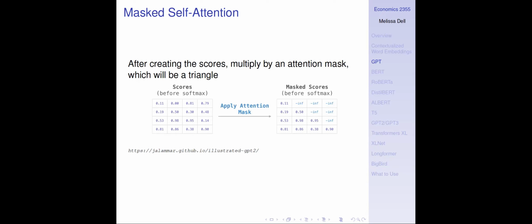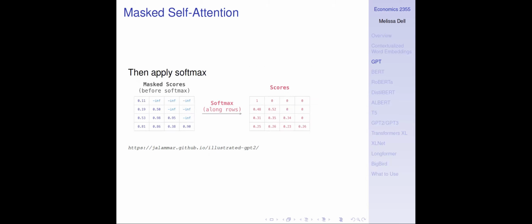So half of this matrix is going to be zeros, and you're only paying attention to the part below the diagonal of the matrix, which is the parts that you've already seen. And then that's your attention scores. And that's how the decoder works.